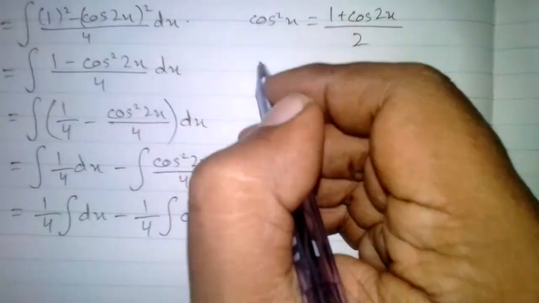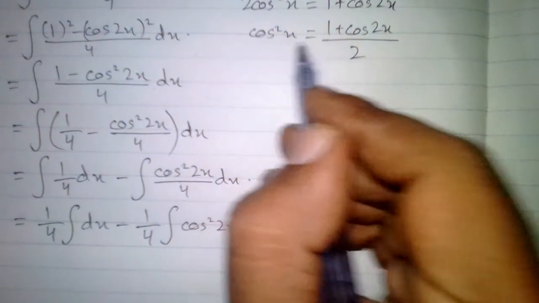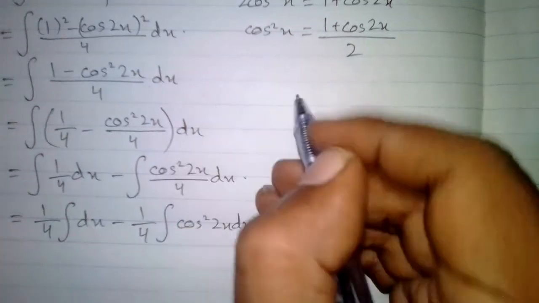Now we have this formula: cos square x is equal to (1 plus cos 2x) upon 2.